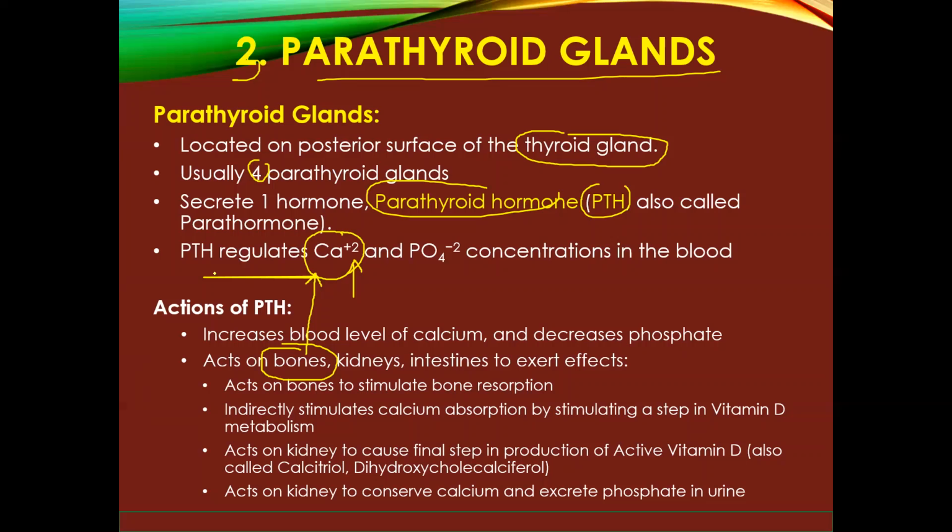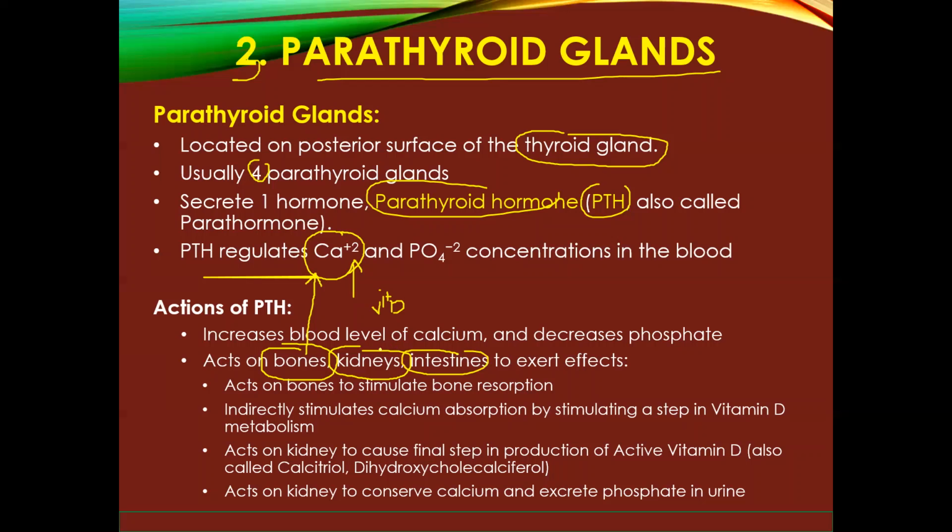So what happens if someone has too much PTH production? The bone will be fragile because so much calcium will be taken out of the bone. Another target will be the kidney. Why kidney? Because the kidney is the one that produces vitamin D. And this vitamin D's function is to increase the absorption of calcium from our intestine.